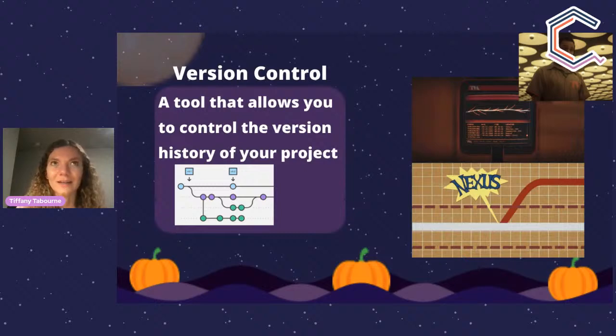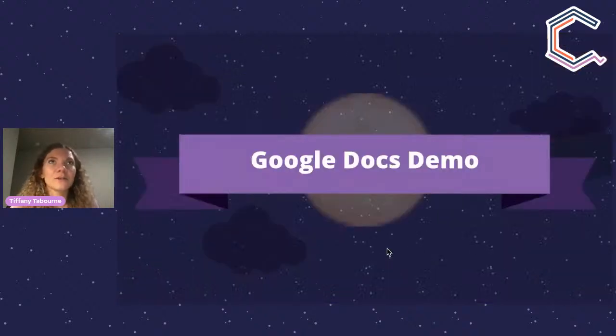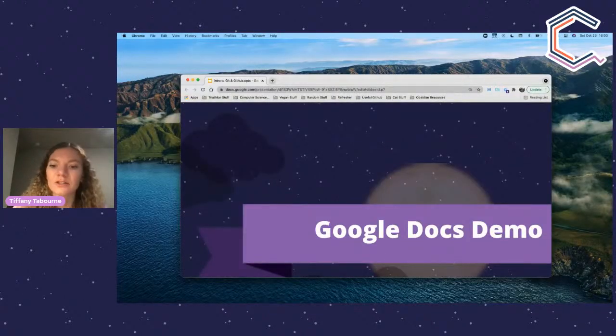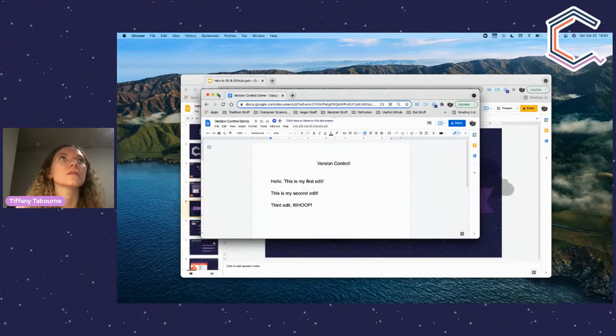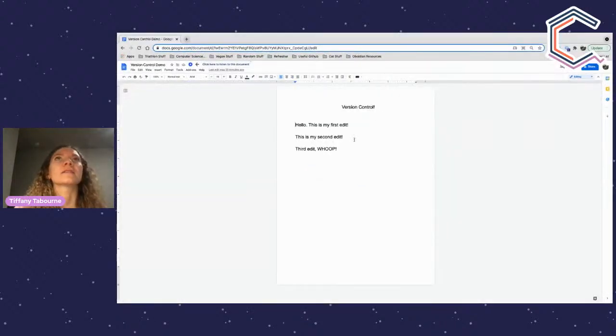or even something as simple as a text file that you have. As a little demo, Google Docs actually has its own version of version control. This is just a simple document, and you see how I have multiple edits here.